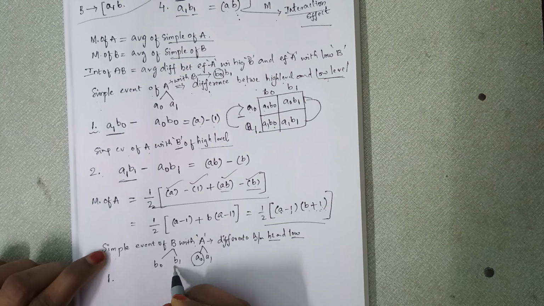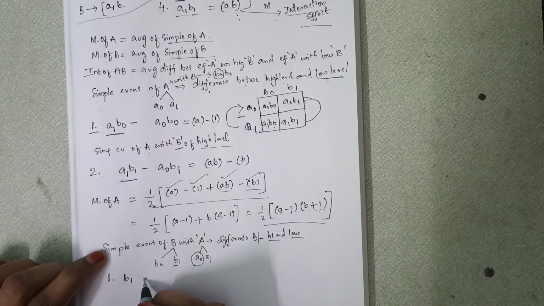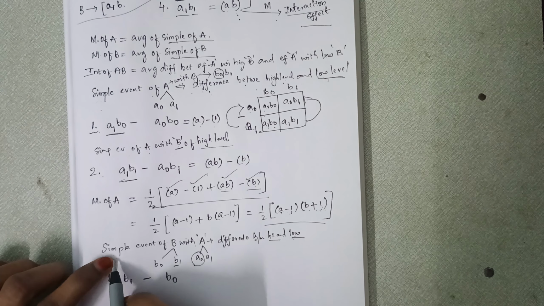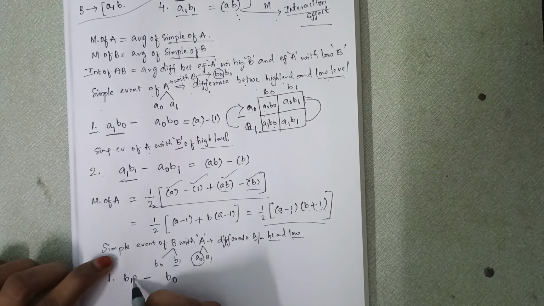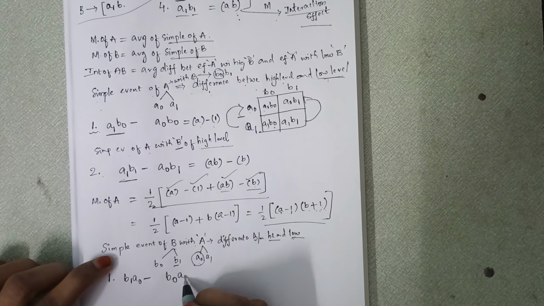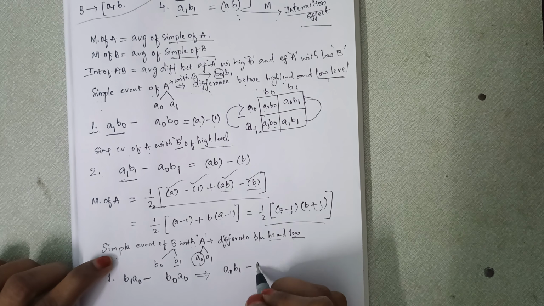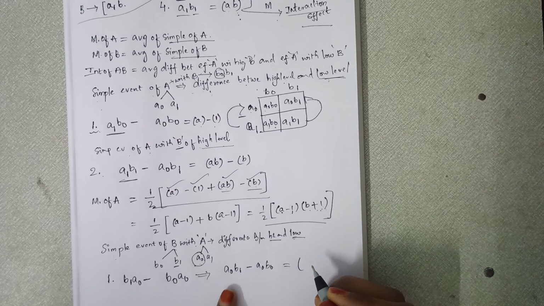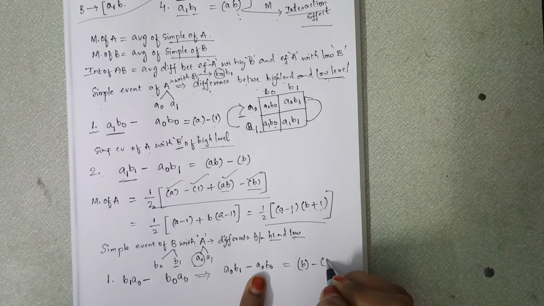Here the high level of B is B1, minus the low level B0, and we are finding the simple event of B with low level of A. So A0, A0, or we can also write it as A0 B1 minus A0 B0. Simply, we can write it like this. Here we only mention the high levels. So here B is the high level, B minus; these both are low levels, so we put it as 1.